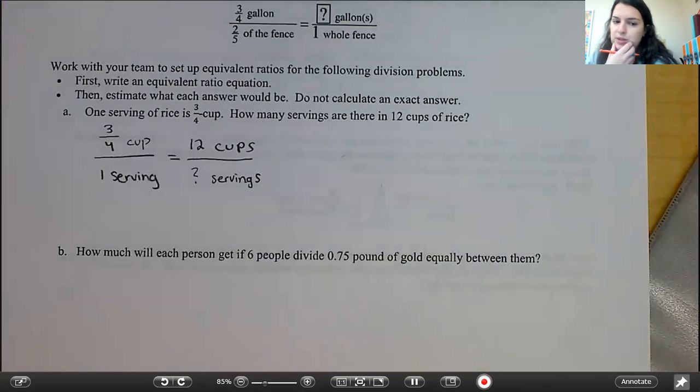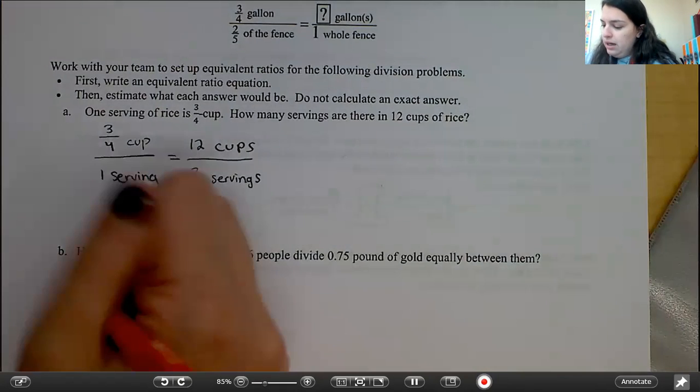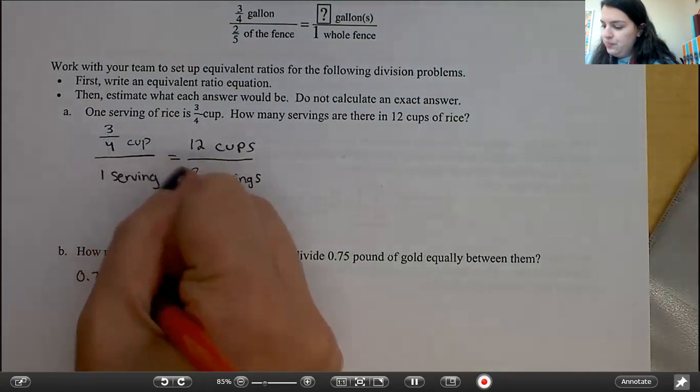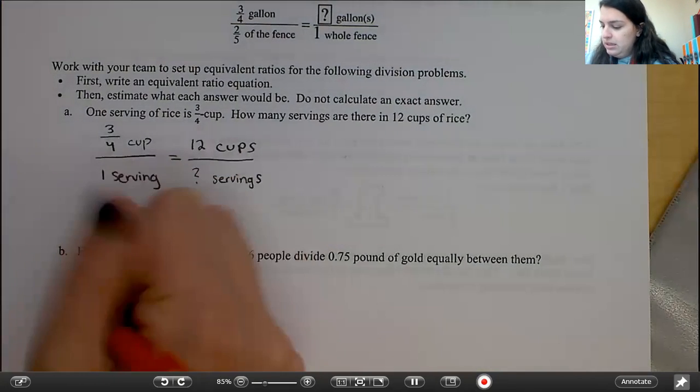B. How much will each person get if 6 people divided 75 hundredths pound of gold equally between them? So we have 75 hundredths of a pound is divided by 6 people.